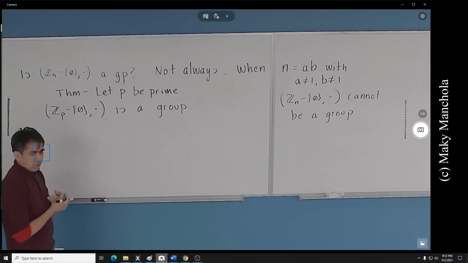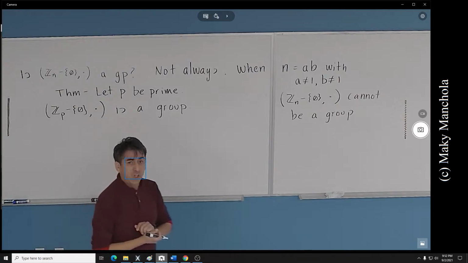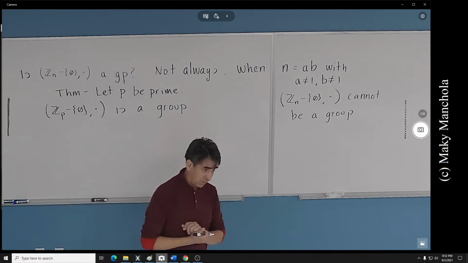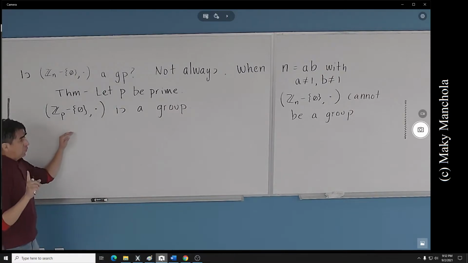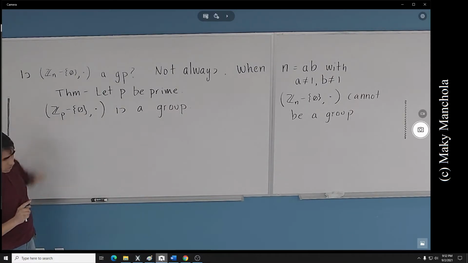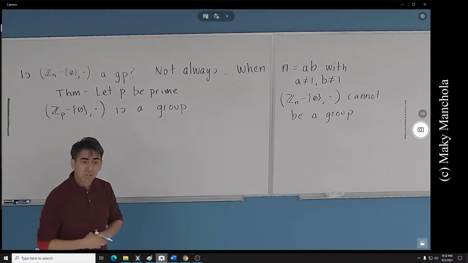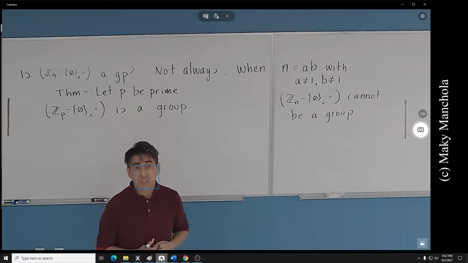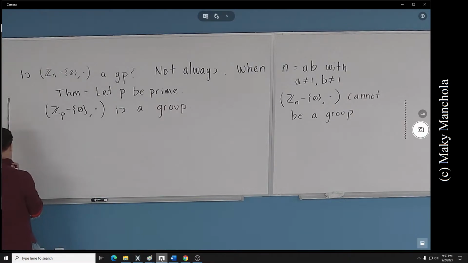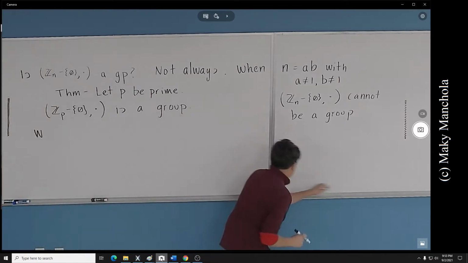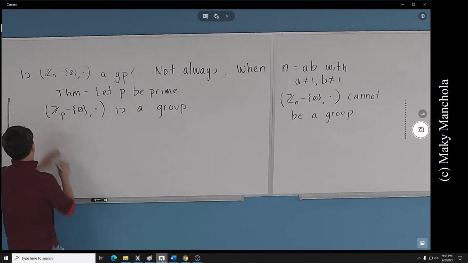Okay, so let's offer a proof sketch of this theorem. The first thing we need to do is confirm that the multiplication here is a binary operation. Okay, let's write first that this is our proof sketch.